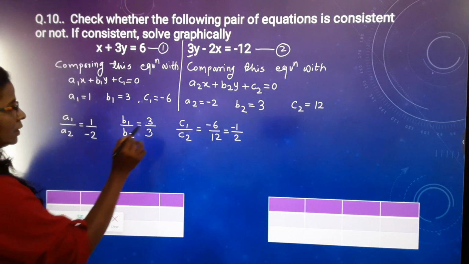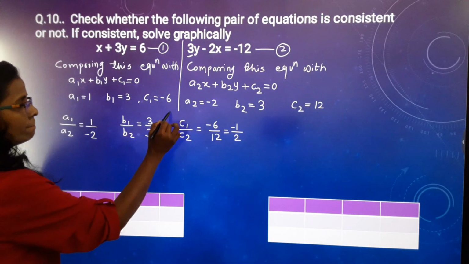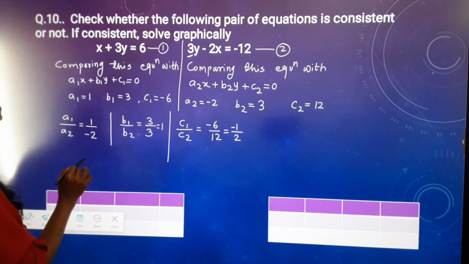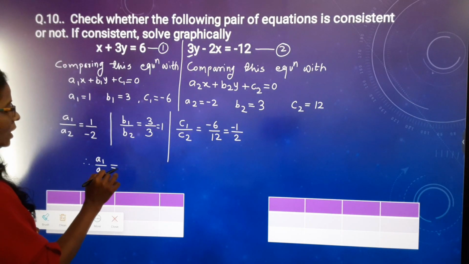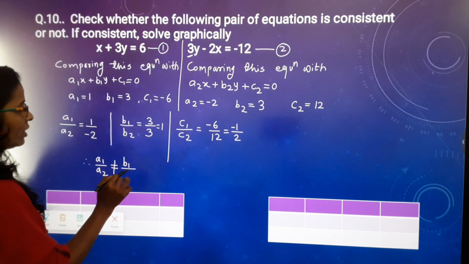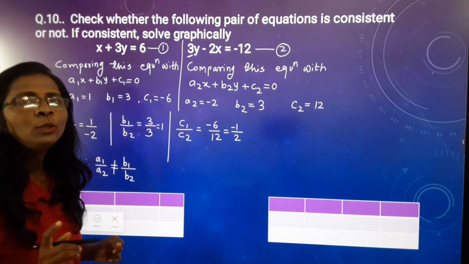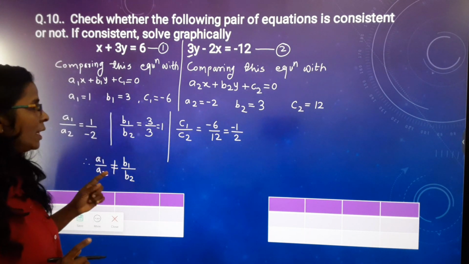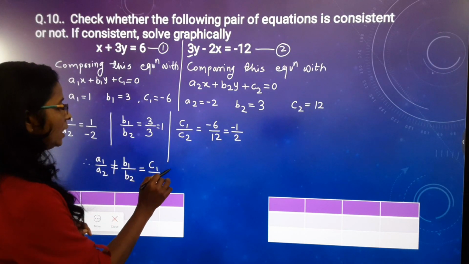So now here b1 upon b2 is equal to 1. Therefore we can say that a1 upon a2 is not equal to b1 upon b2, but it is equal to c1 upon c2.